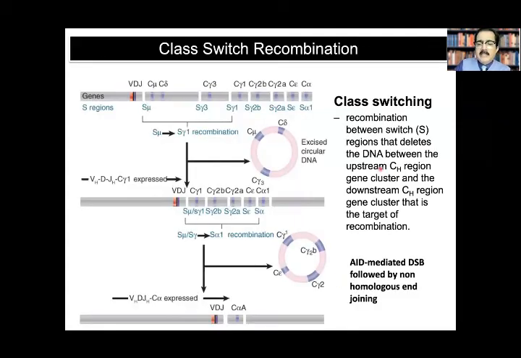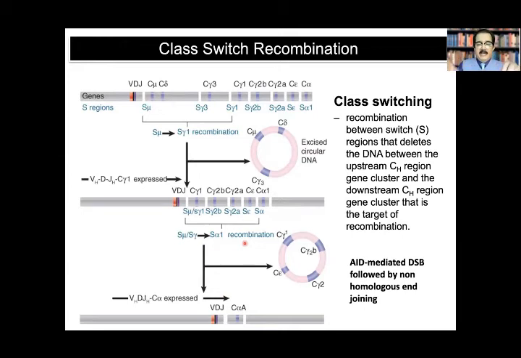All right. So in class switching, this is the VDJ, and you have the switch sites ahead of everything. What the AID does is make a cut, and then you glue the cuts together by non-homologous end joining.